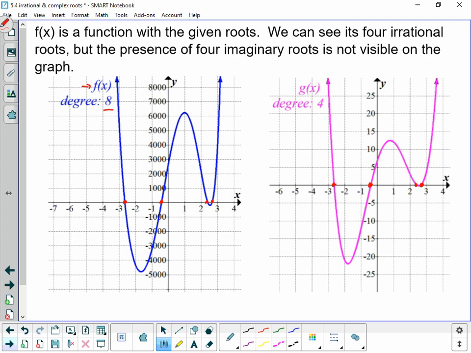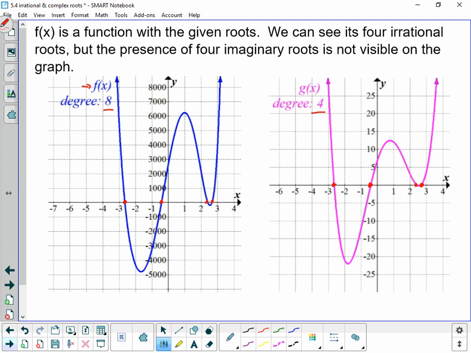Exactly the same roots. But g of x is only degree 4. f of x, the one in blue, has 4 non-real roots. So even though these two polynomials have exactly the same real roots, the fact that f of x has 4 non-real roots really changes the functions a lot.